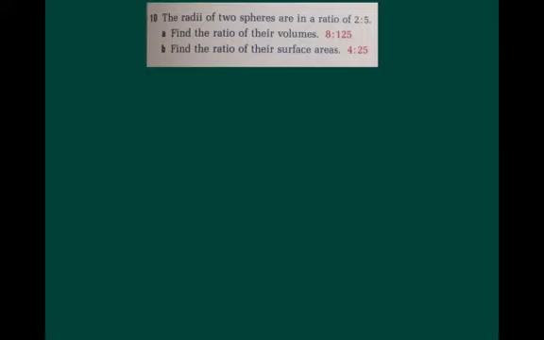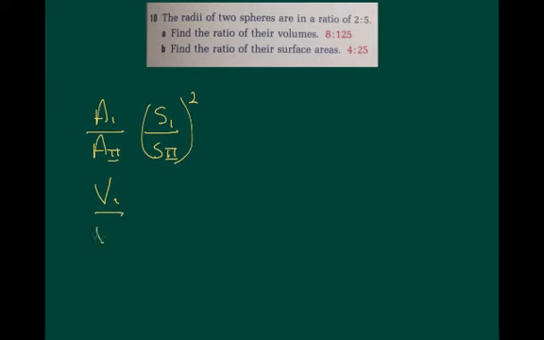So what's the ratio of their volumes? Well, you recall from chapter 11 that the ratio of areas was equal to the ratio of sides squared. Well, that's when we were dealing with a two-dimensional thing like area. When we're dealing with volume, it's 3-dimensional.